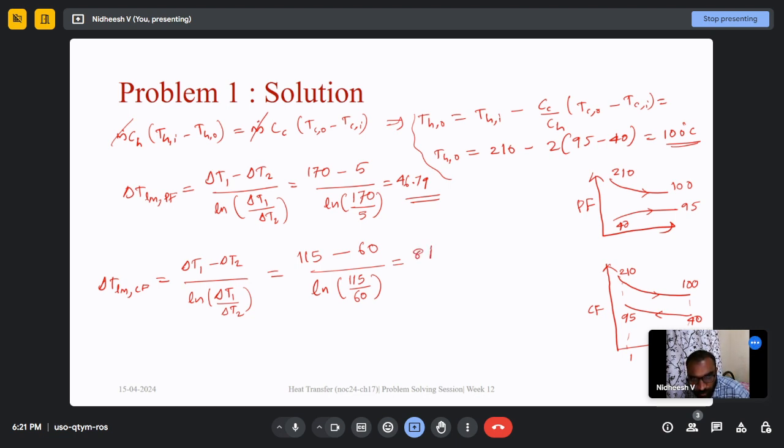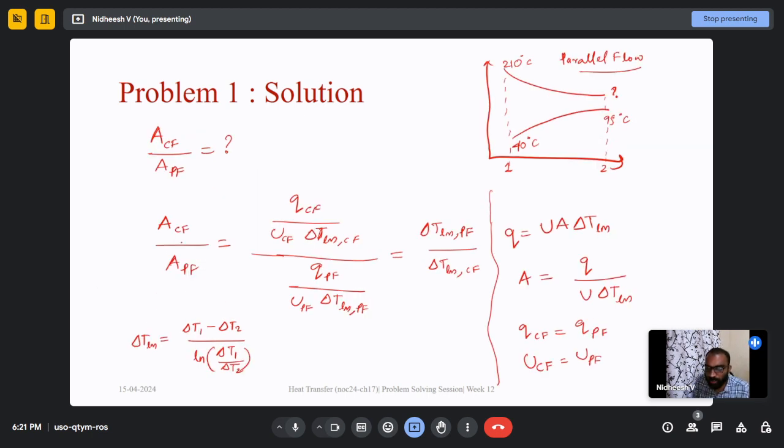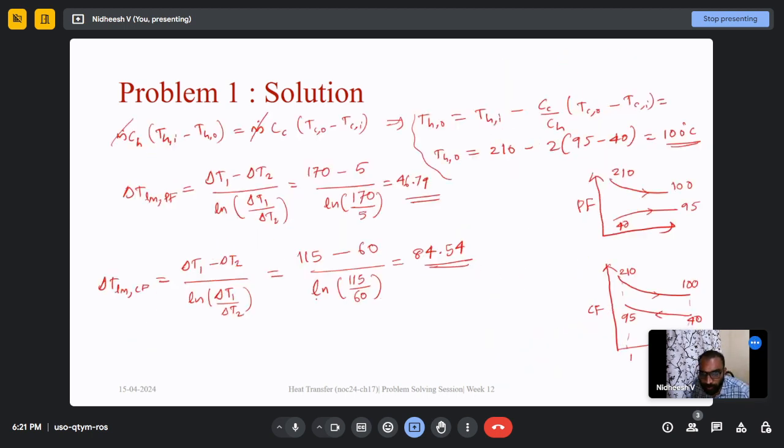Is it clear up to this point? So if it is clear, the required ratio of areas turns out to be the area available for counterflow divided by the area available for parallel flow.